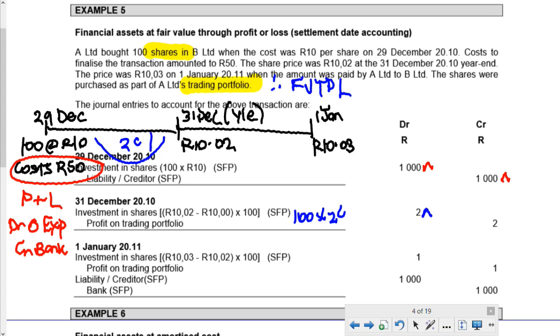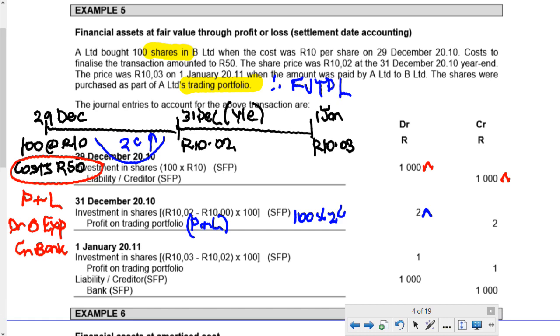So I do a little arrow up. I debit investment in shares with the 2 Rand. And I credit P&L. Right? My fair value change goes through P&L. Profit on trading portfolio in my P&L. It goes in other income. Fair value measurement profit, whatever you want to call it.